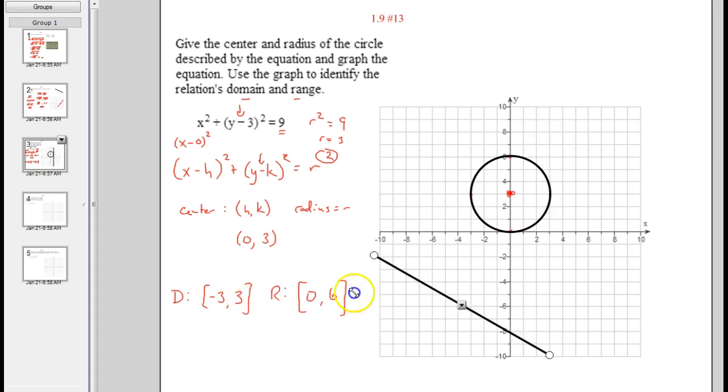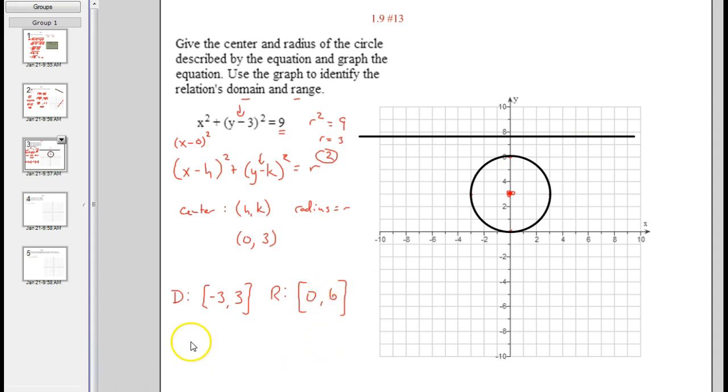For range, you do the same thing, except it's a horizontal line that starts at the bottom and works its way up. The first place it hits is the x-axis, which means y is 0. As we make our way up, it keeps hitting the graph until we get to 6, and above 6 there are no more y-coordinates. So 0 to 6 is our range.